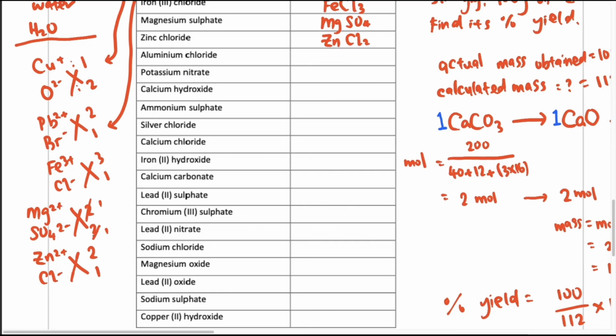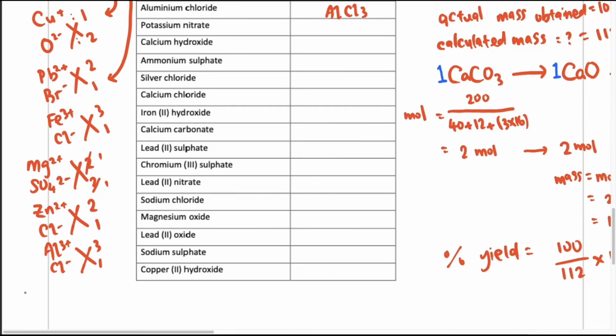Aluminum chloride. Al3 plus and Cl negative. 3 and 1, exchange. So we get AlCl3.